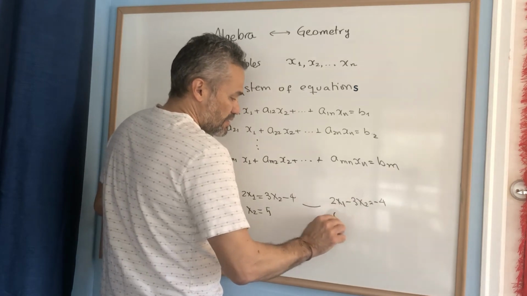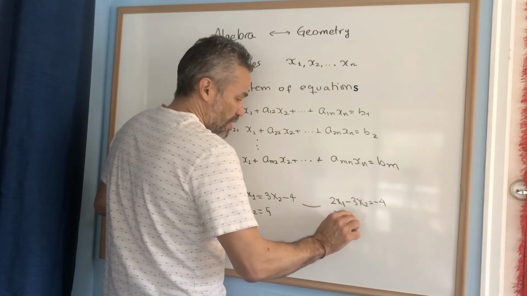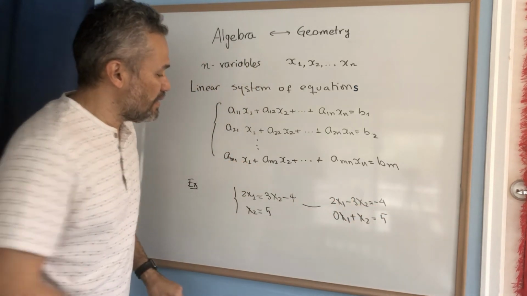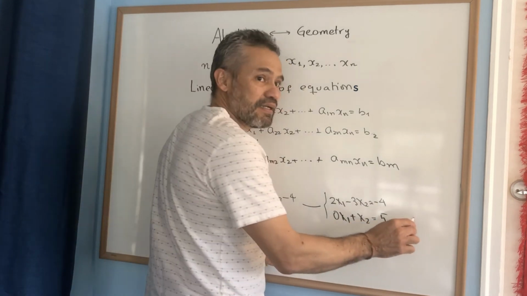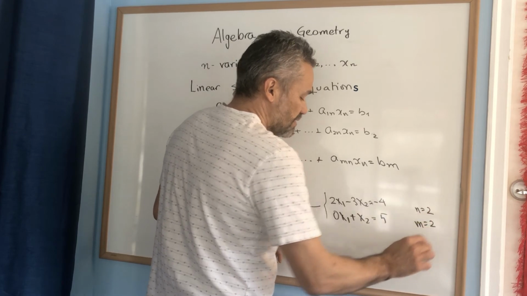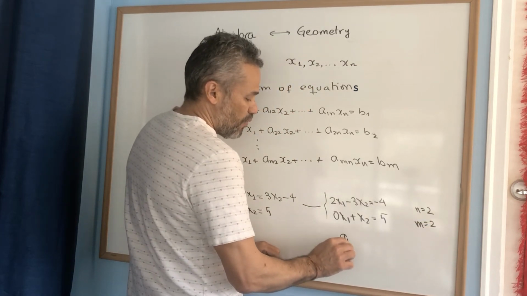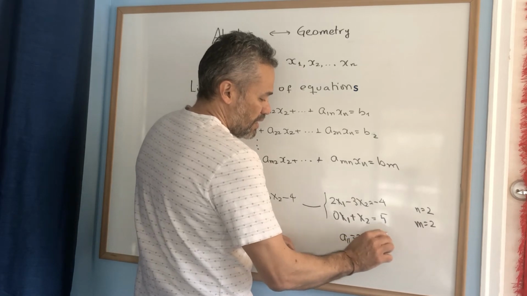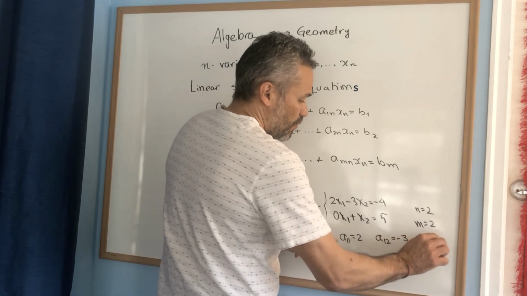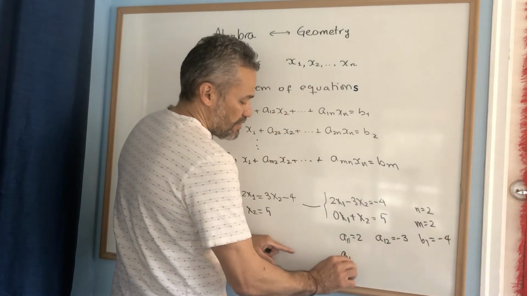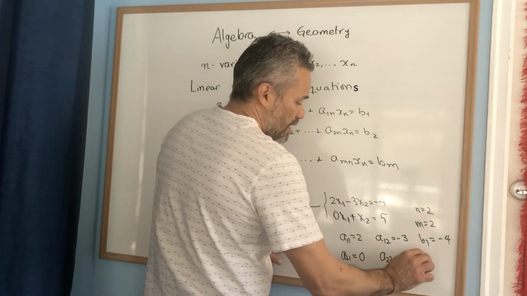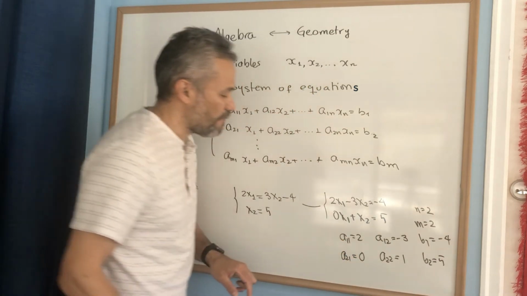And here 0x1 plus x2 equal 5. And then we see that in this case n is equal to 2, m is equal to 2, a11 is 2, a12 is negative 3, b1 is negative 4, a21 is 0, a22 is 1, and b2 is 5.